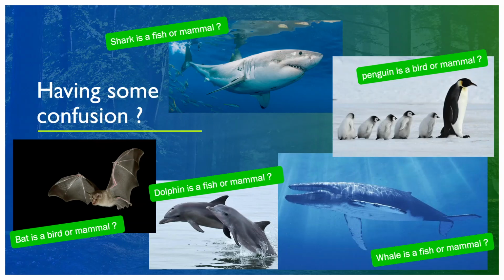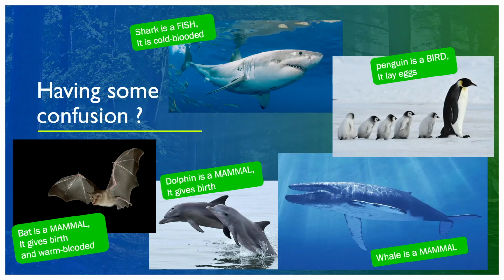Okay, let's see. Here, shark is a fish. It is cold-blooded. We just hope that if we swim, we don't meet a shark in person.